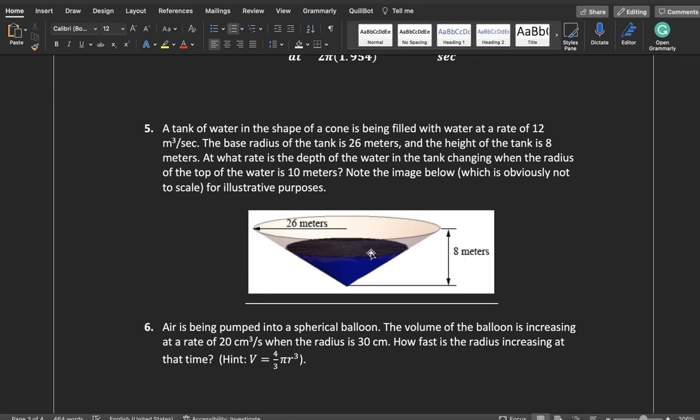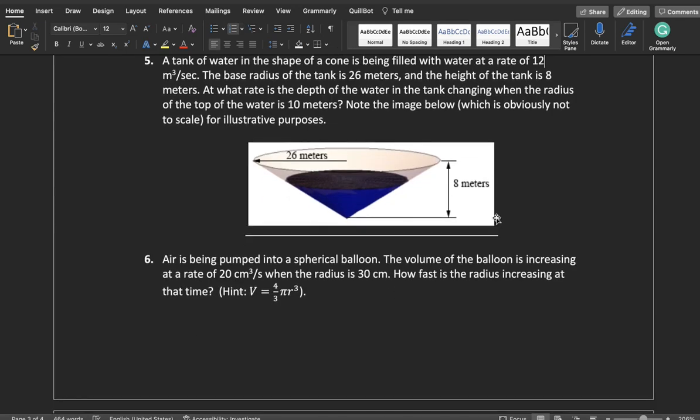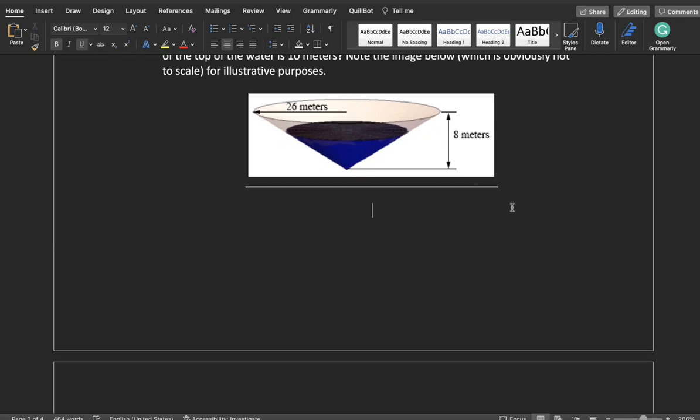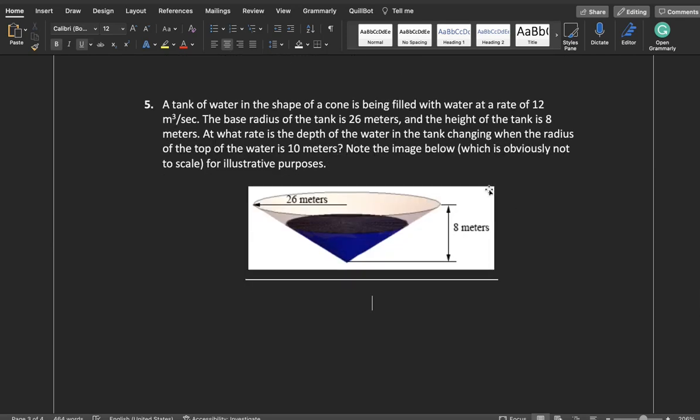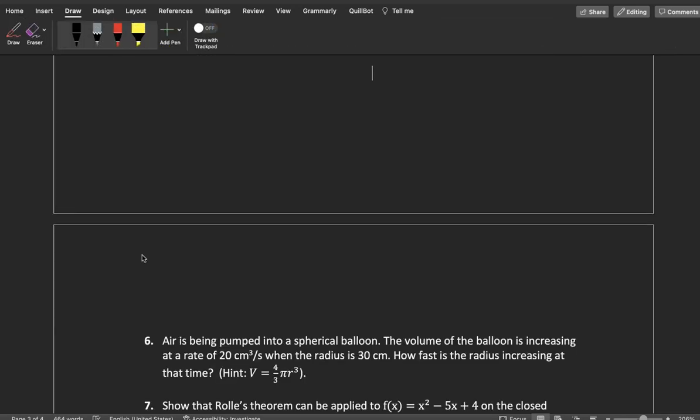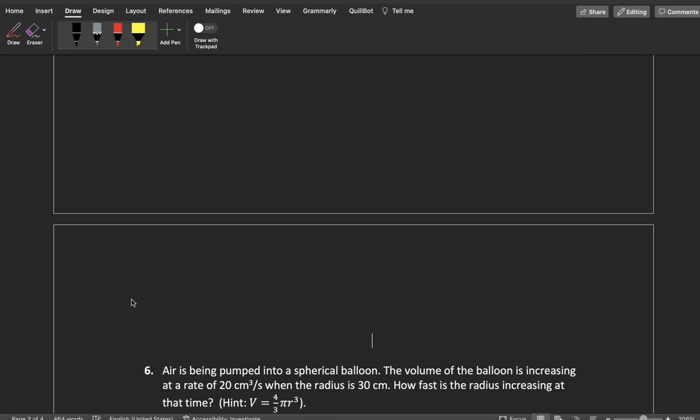We're given that the base of the tank has a radius of 26 meters. The height of the tank has a length of 8 meters. So maybe we should try to illustrate this on the next page.